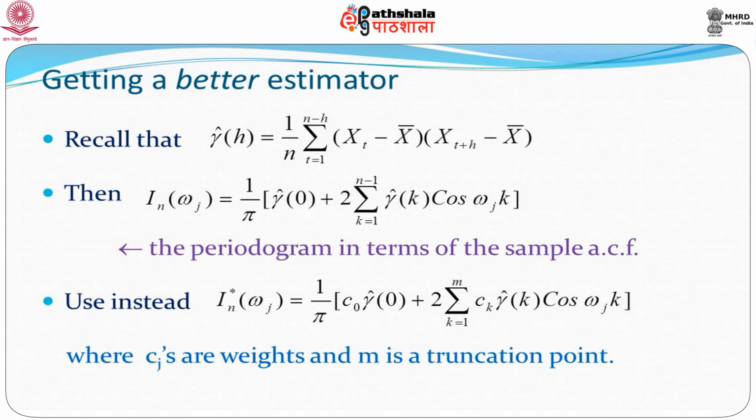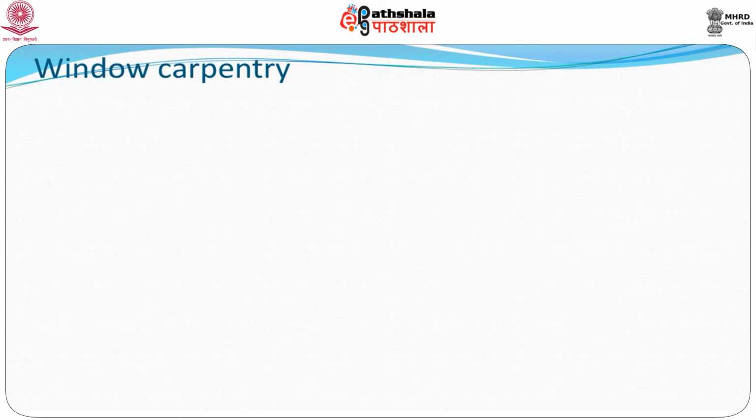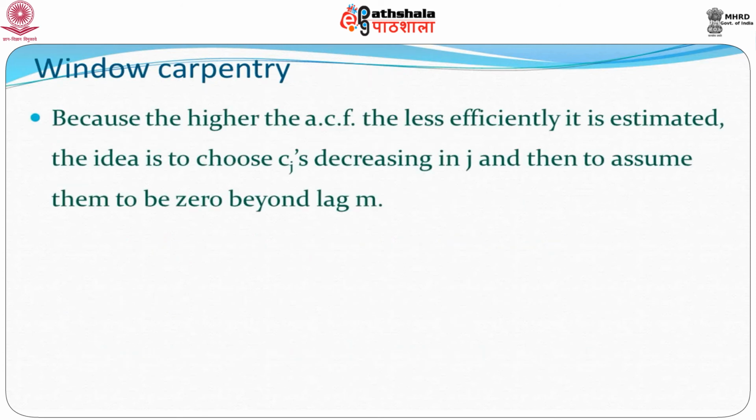And in this case, the higher the lag, the less efficiently it is estimated, because if you have a larger lag, you have fewer points to construct the ACF from. If you have n observations, then if h is equal to n minus 1, you have one single pair, the first and the nth, to get gamma n minus 1.